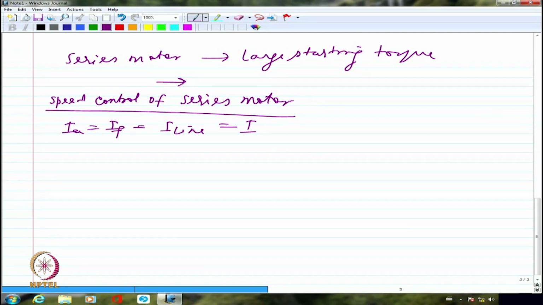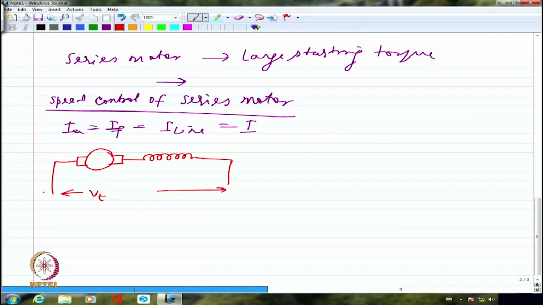So most of the times what is done is to control basically the flux. So if this is the field coil and here is the armature and I'm going to have the supply here, what I can do is to have many taps in the field coil. Maybe at some point I'll connect all the turns. I may connect it to tap number 1, which may include a lesser number of turns.